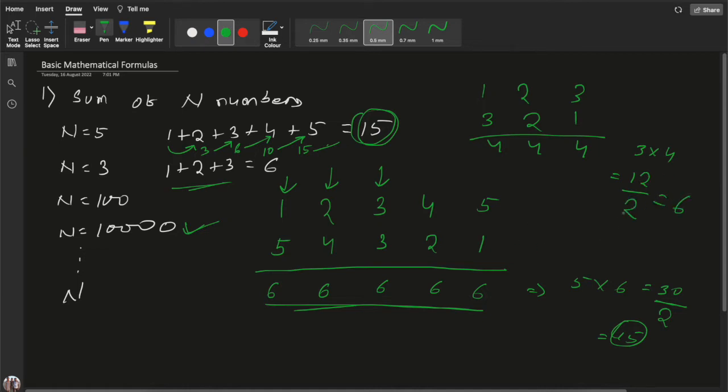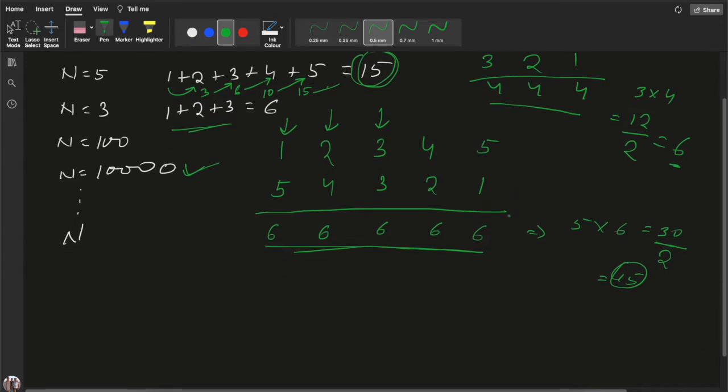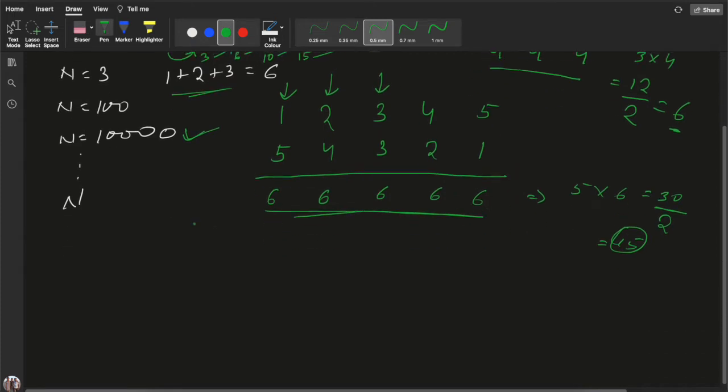So we got this, right? If we multiply the frequency of the number by the sum, and then divide by 2, we'll get the summation value.